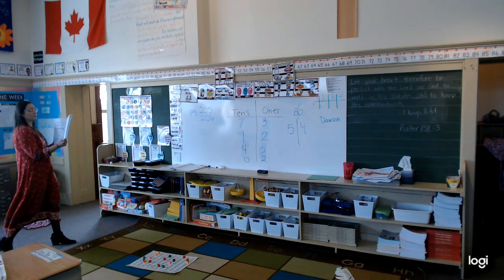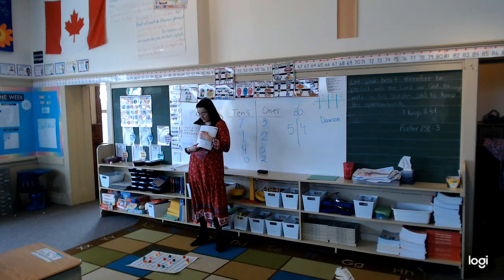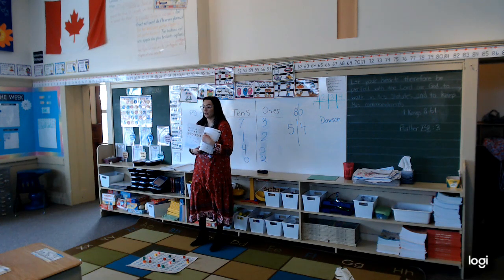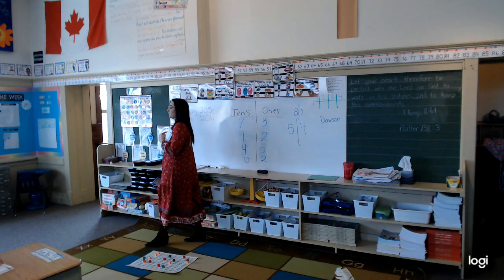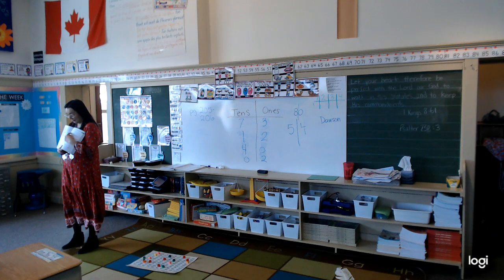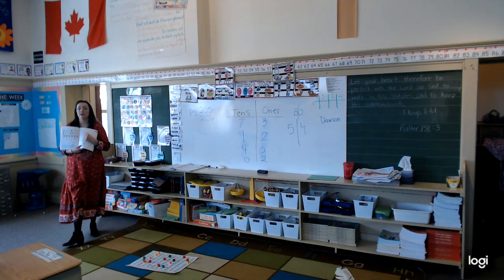Number 1. The instructions say start at 27. So I want everybody to put their finger on the number 27 on the number line. And then it says jump forward 3. Jump forward 3 from the number 27.